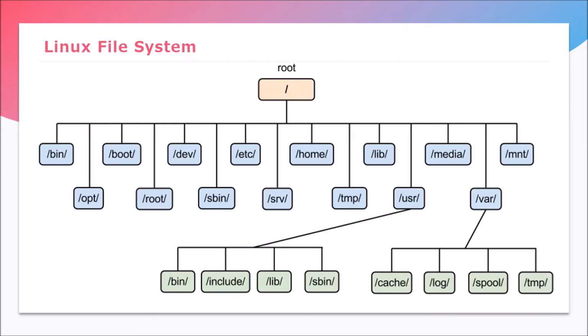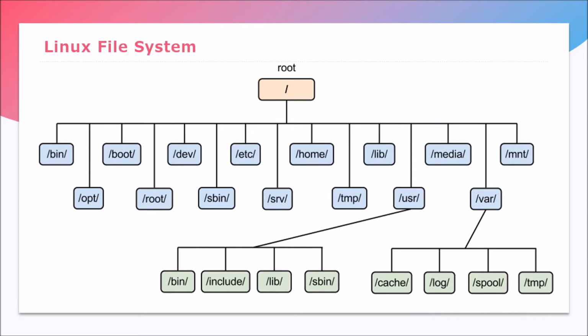Then we have /boot. This specific part contains static bootloader files which are required to boot the operating system when the system computer is getting started. Then we have /dev that contains device files which are typically under the control of operating system and administrators. Then we have /etc that contains all the system related configuration files.